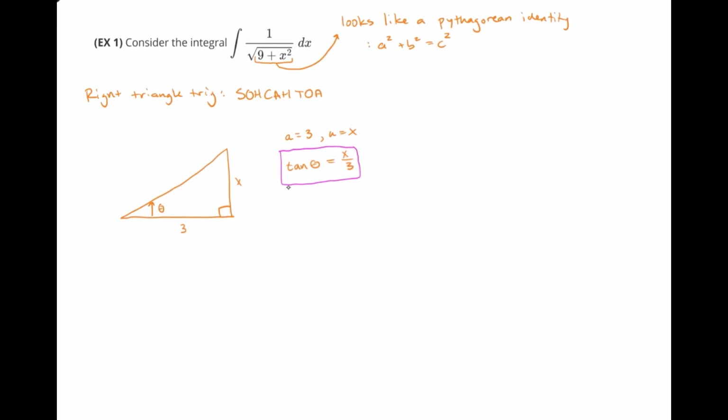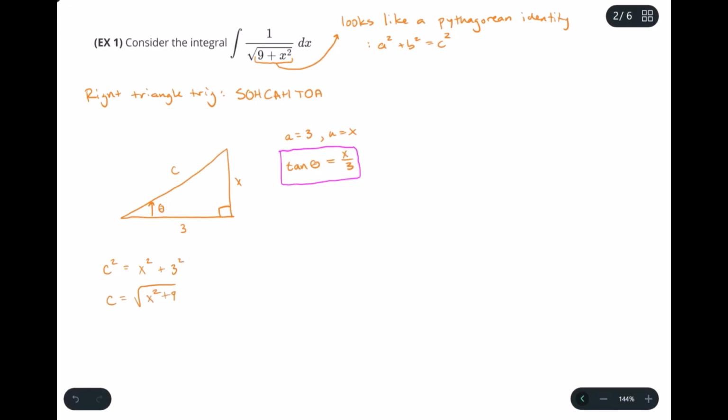Now, if these are two sides of a triangle, I can determine the third using the Pythagorean identity. Let's just say it's A, well, I guess C is probably the better variable there. I can say C squared is equal to x squared plus 3 squared, or C would be the square root of x squared plus 9.